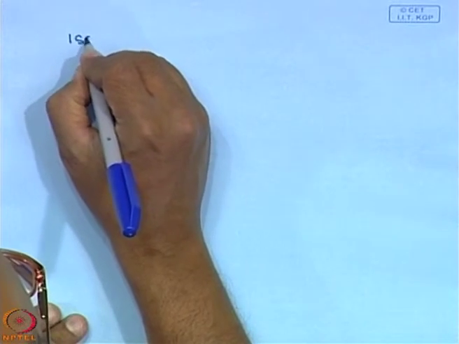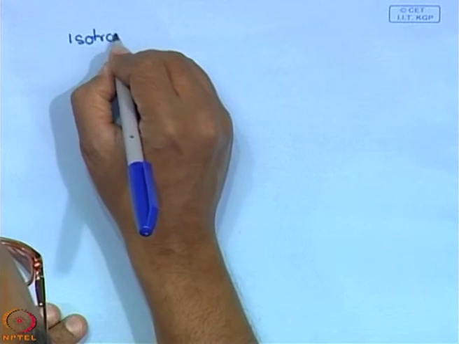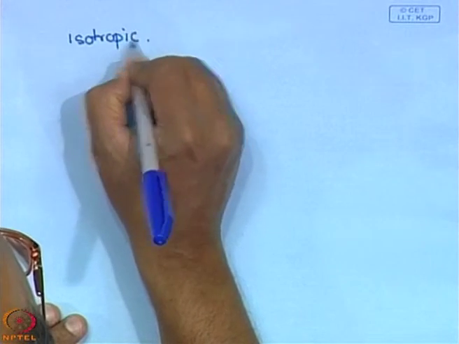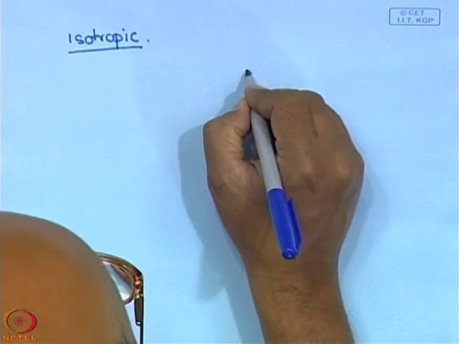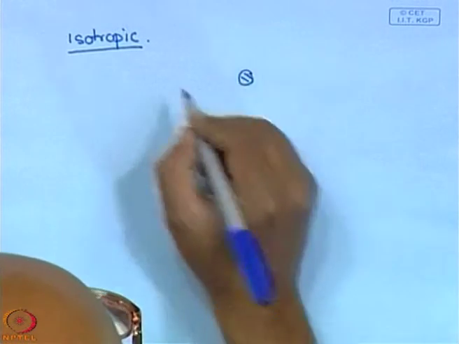So, we are going to assume that the scattering is isotropic. That is what we are going to assume. So, we are modeling scattering as a very simple thing, elastic and isotropic.